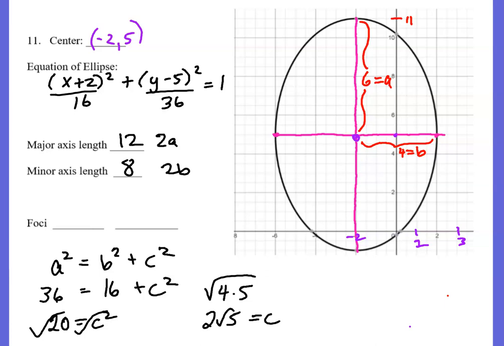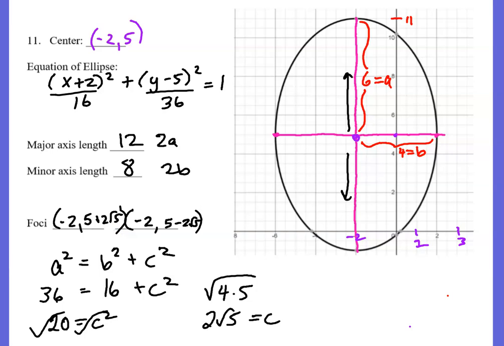Which direction are we going to move to go c? The same as the long direction. The long direction is the y, so you're going to move only in the y direction from the center. The x value of my center will stay the same. I'm going to start at 5, and then add 2 root 5, and subtract 2 root 5.